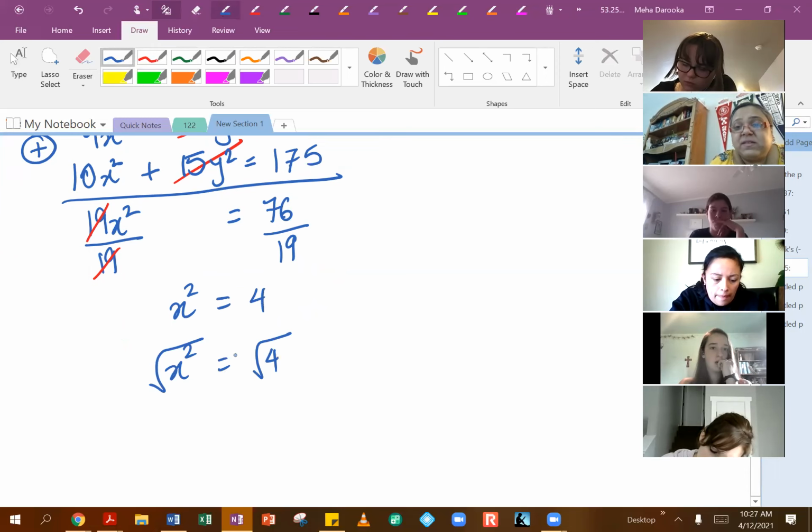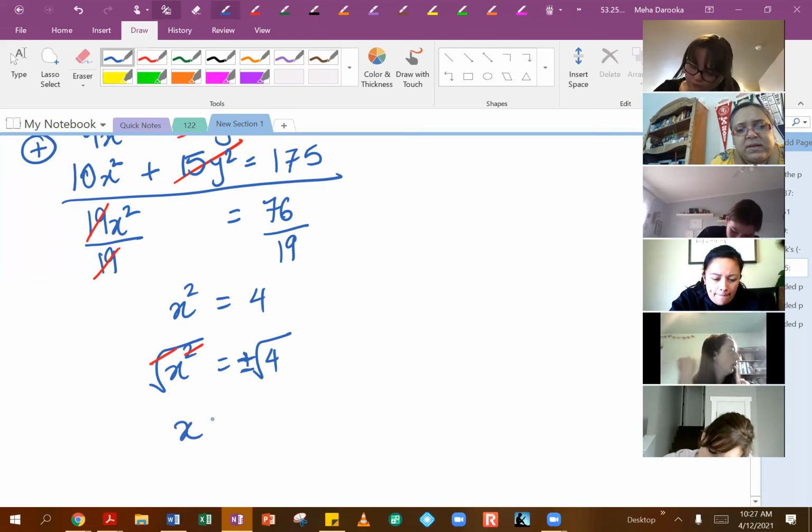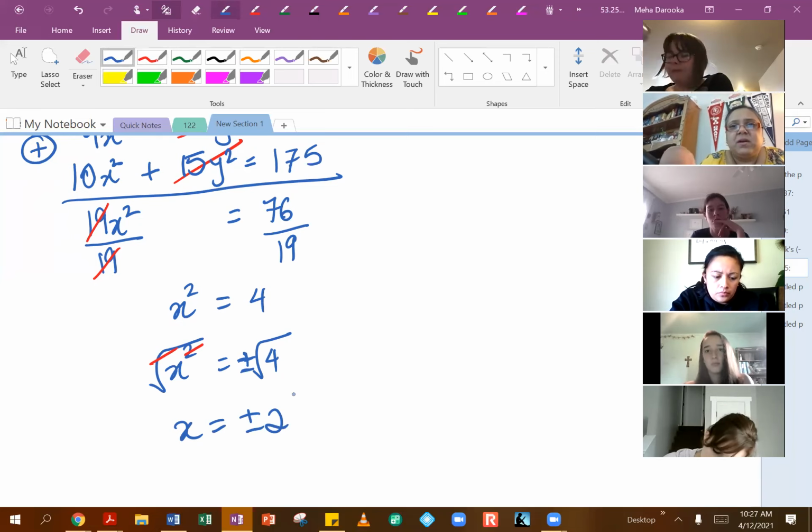Now, guys, remember, this is very important for us to get those 4 points of intersection. It actually comes from this plus or minus on your x value. So square and square root cancel out, and we end up getting plus or minus 2. So you will see we're getting 2 x values from here.